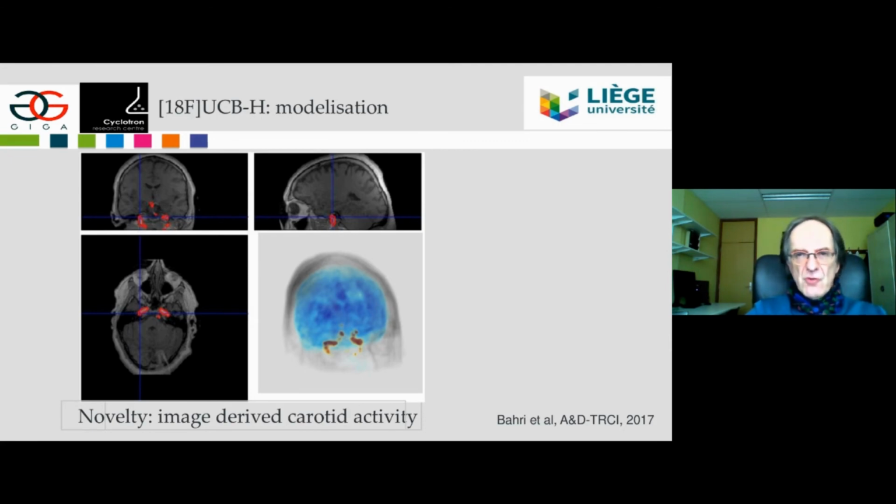So finally, with a positron emission tomography dynamic acquisition, you obtain time activity points not only for regions of the brain, but also for the activity in your carotid artery, which is your arterial activity going into the brain. And so you obtain an image-derived arterial carotid activity.